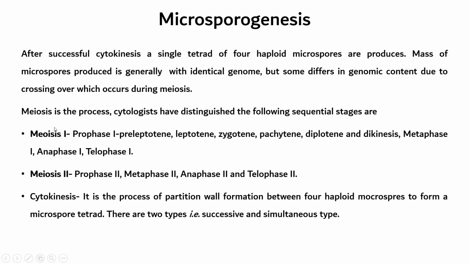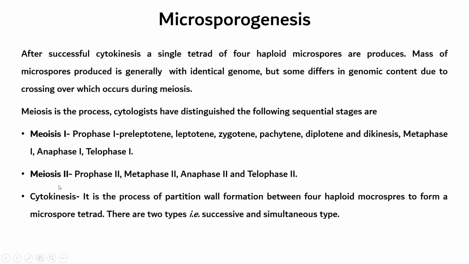Meiosis first, which is a reductional cell division, contains the substages of prophase first: pre-leptotene, leptotene, zygotene, pachytene, diplotene, and diakinesis. After that come metaphase first, anaphase first, and telophase first. These are the reductional cell division stages.